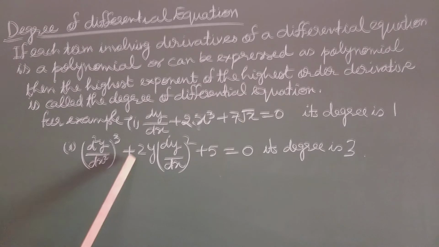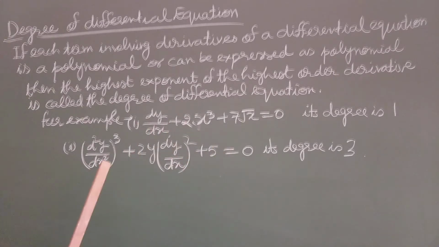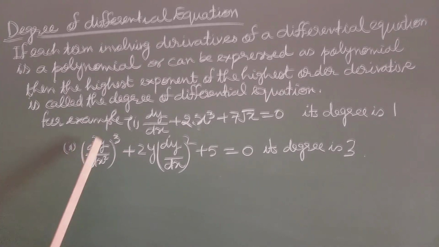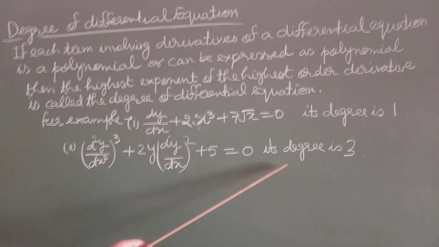Each term is a polynomial here. So degree can be defined. Now what is the highest power of the highest order? Its order is 2 and its power you can see is 3. That's why its degree is 3.